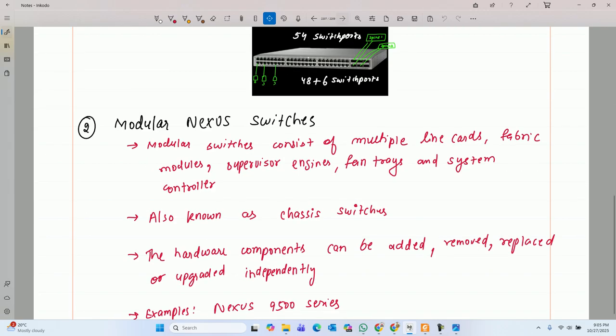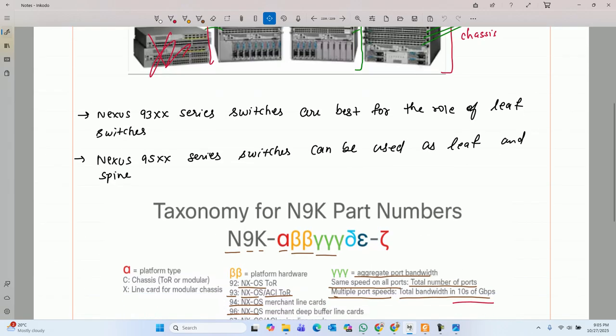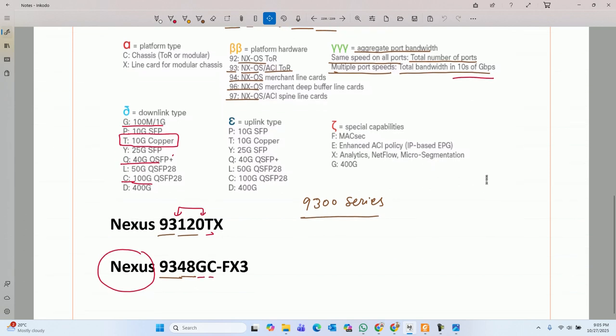Fixed switches, modular switches. Then we have the naming convention here. After this, in our ACI environment, we have the individual switches, right?